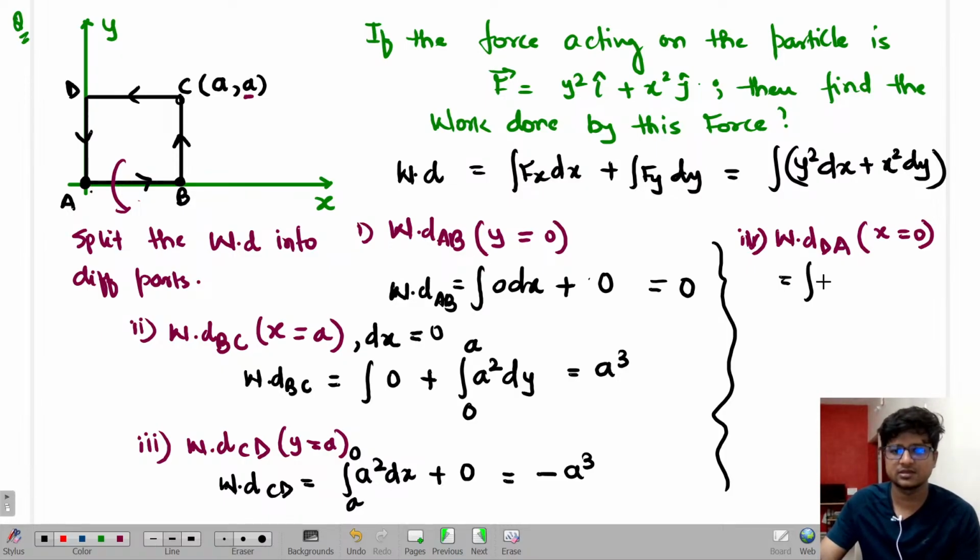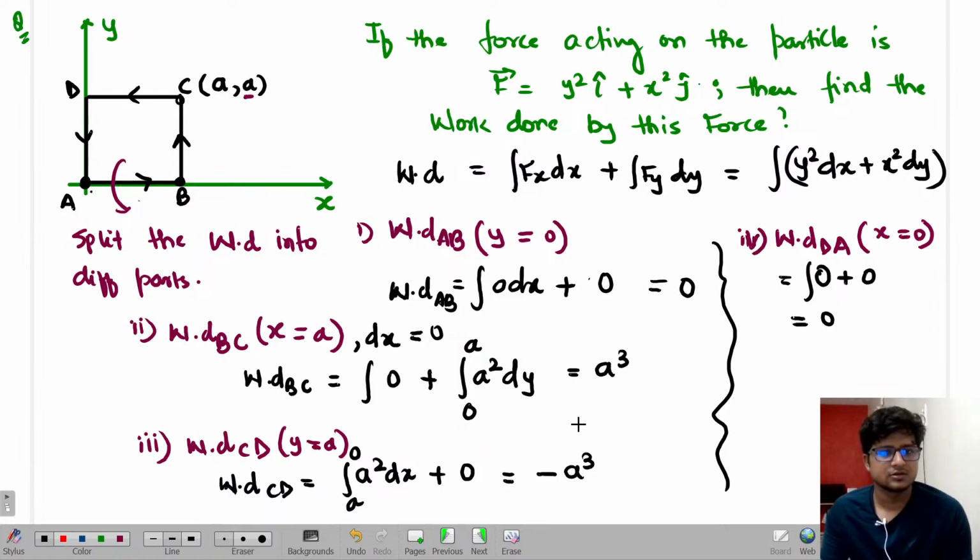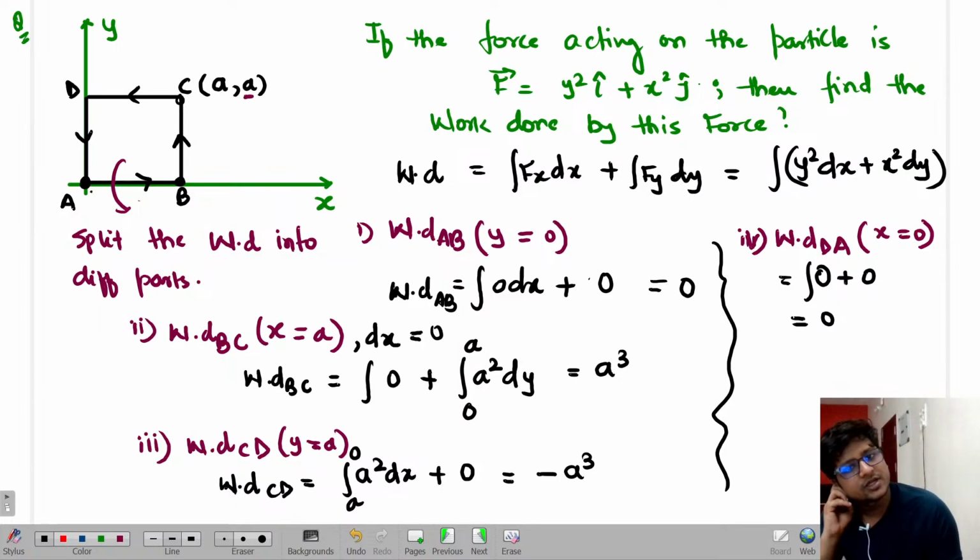Simple idea: work done along dA. The y value changes, but along dA the x value will not change. So this one is 0 and x is already 0. So this is total how much? 0. This is the meaning of this particular integration. Are you able to get me or not?